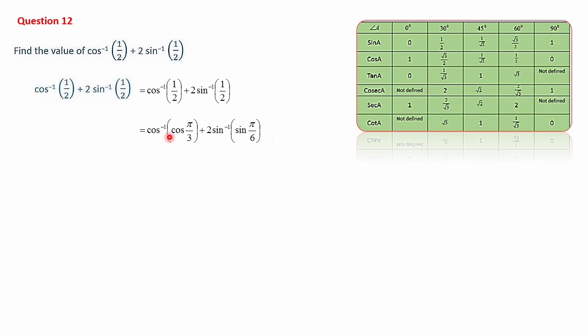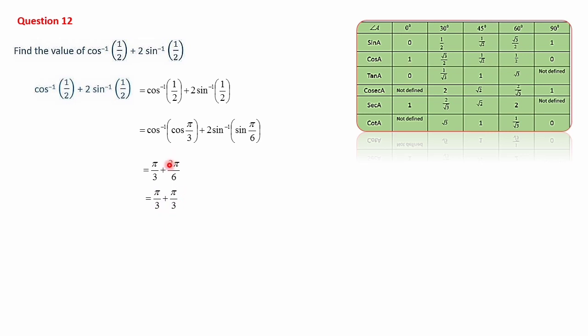Now it is a direct formula, that is cos inverse of cos theta is theta itself. Here pi by 3 will be coming. Here 2 is outside, that will be there. 2 into sin inverse of sin pi by 6, that is pi by 6. Here 2 and 6 when you cancel, we get 3 in the denominator. So pi by 3 plus pi by 3 will be coming.